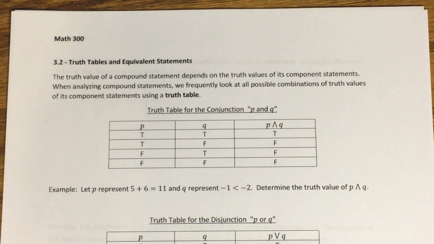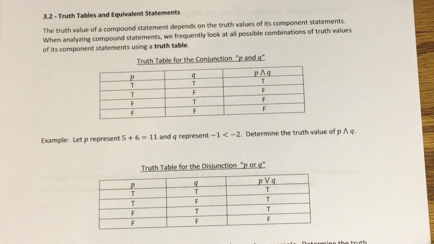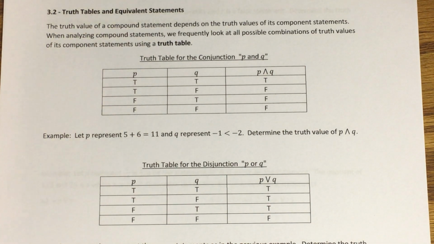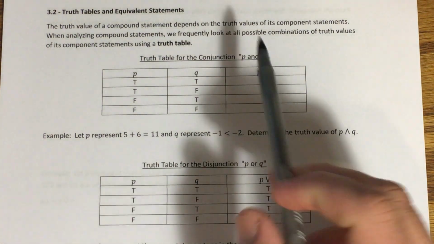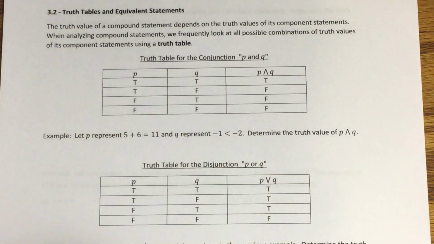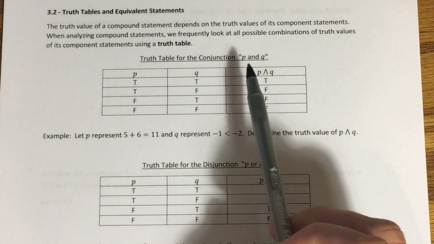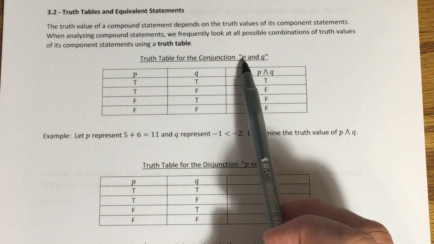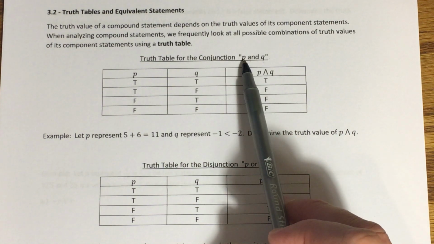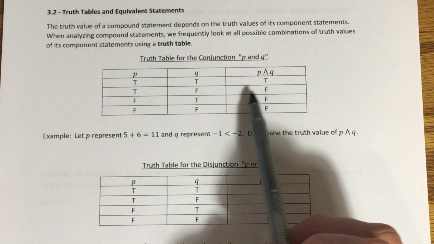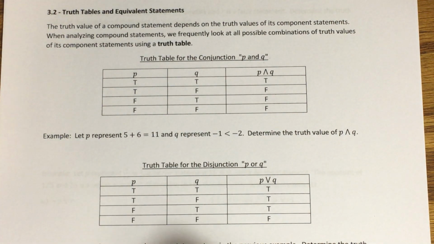First thing we need to talk about is a truth table. So when we're talking about determining a truth value for a compound statement, something like P and Q, whatever P and Q happen to be, what we tend to want to do is determine all possible combinations of the truth values of P and Q. And in a case where we have these two component statements, P and Q, there's a total of 4 possible combinations.